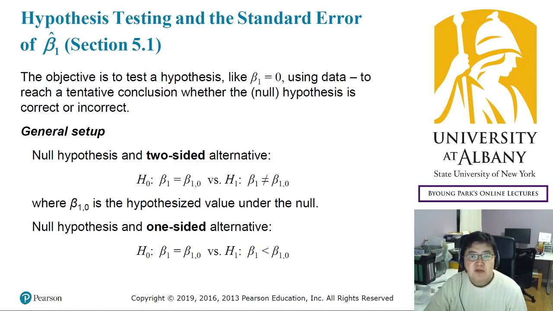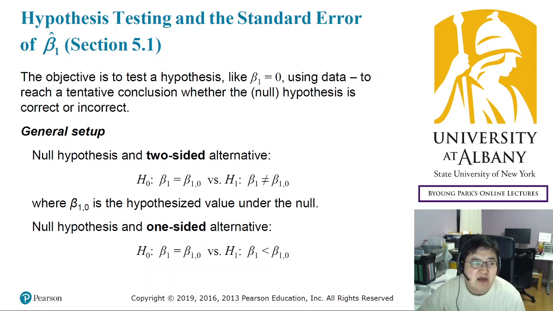So what we would like to do in this video is to carry out hypothesis testing for any hypothesis you'd like to test, and the hypothesis is about beta 1. It could be beta 0, but they are pretty much the same.